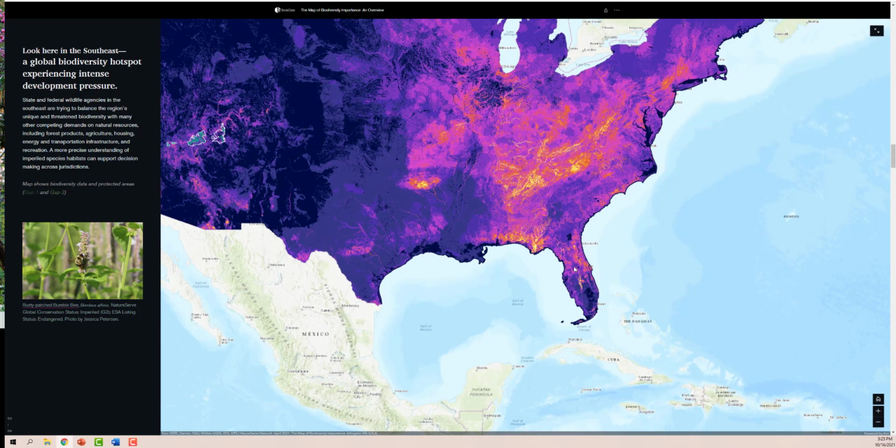State and federal agencies in the Southeast are trying to balance the region's unique and threatened biodiversity with many other competing demands on natural resources, including forest production, agriculture, housing, energy, and transportation infrastructure, as well as human recreation. So, by understanding the species habitats, we can support lawmakers and managers in making decisions across jurisdictions.